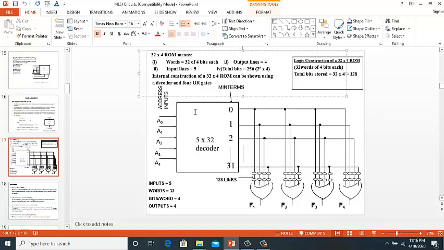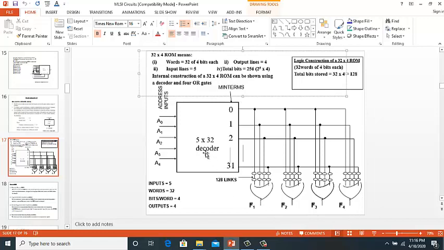And it can store 32 words, and each word will have 4 bits. So the number of bits in a word can be seen from the number of outputs. So this has got 4 outputs.